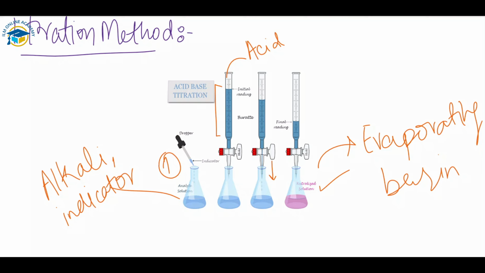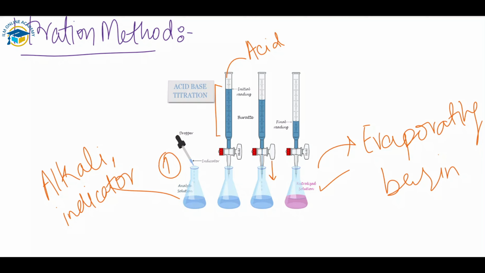This method mostly involves the neutralization of the acid with the base or the soluble alkali, and you can use any indicator, methyl orange or phenolphthalein, which are added to the acid and the base. So this is the method of quantitative analysis. One solution is slowly added to a known volume of another solution by using a burette until the endpoint is reached.